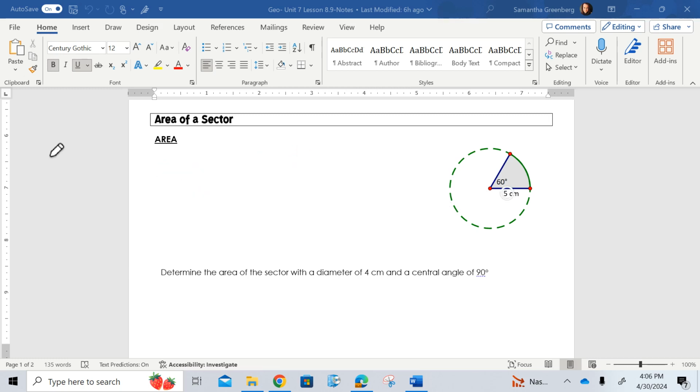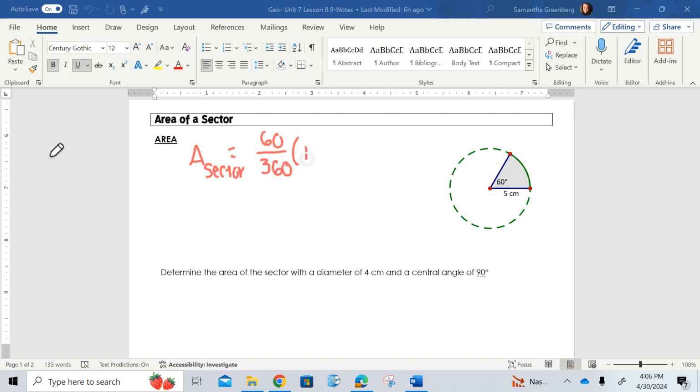Okay, so in this case, we still have a 60-degree angle, and our radius is still 5, but we want the area of this piece of our circle. So our area of our sector equals 60 out of 360 again.